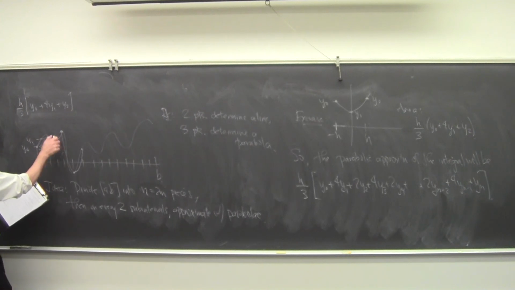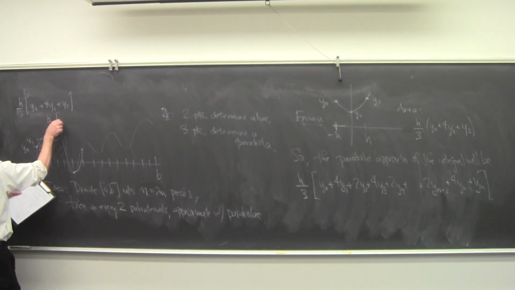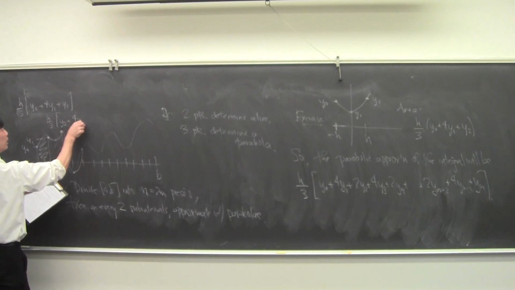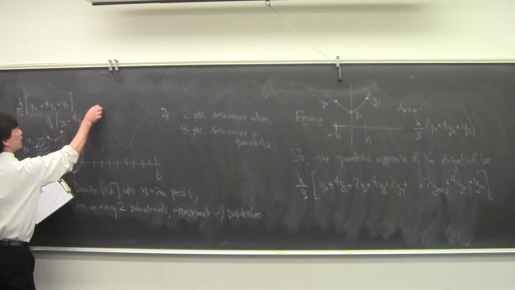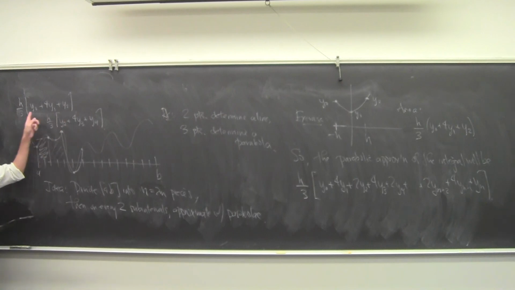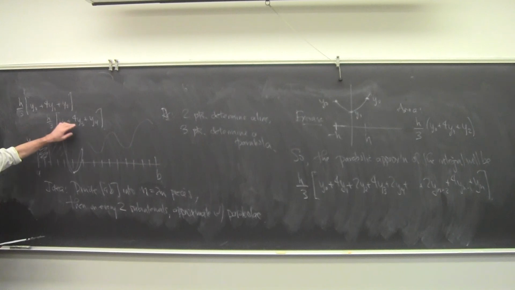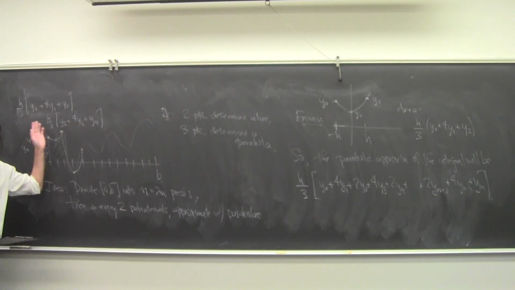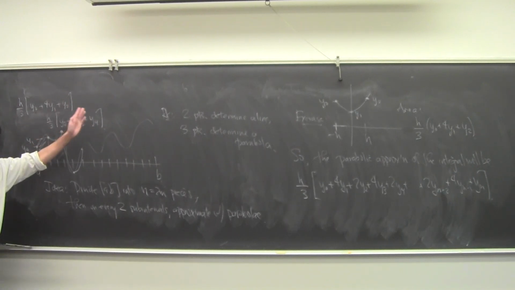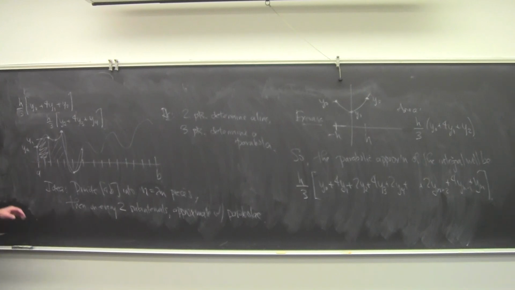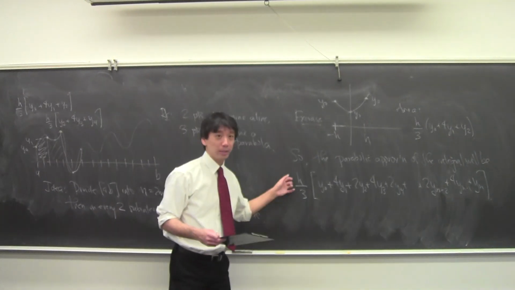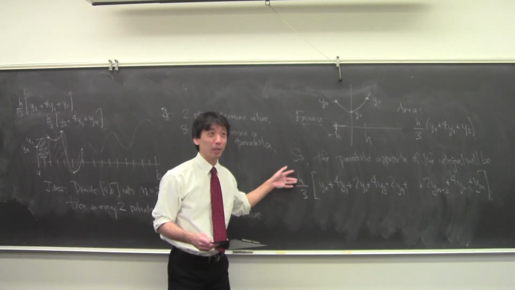For the second region, it's h over 3 times (y2 plus 4y3 plus y4), and so on. So you get y0 plus 4y1 plus 2y2 plus 4y3 plus 2y4, et cetera, so the coefficients go 1, 4, 2, 4, 2, ..., 2, 4, 1. That's the formula for the parabolic approximation.